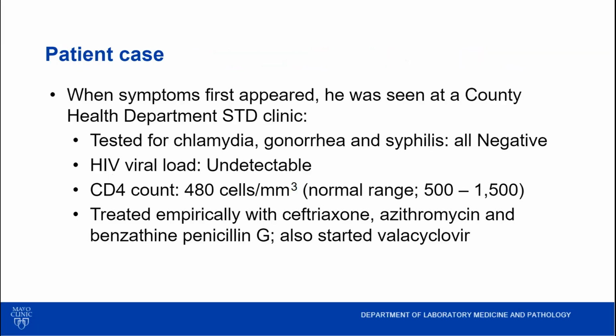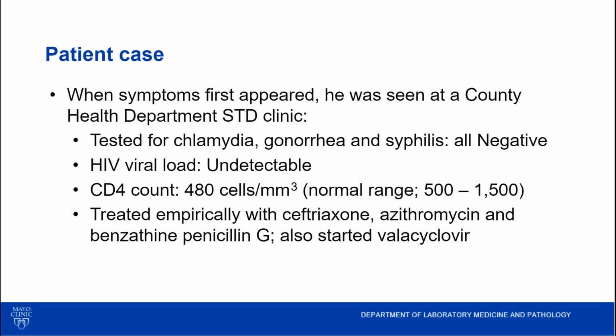So when the patient's symptoms first began to appear, he was evaluated at a county health department sexually transmitted disease clinic. And at the STD clinic, the patient was tested for chlamydia, gonorrhea, and syphilis, all typical STDs that might be causing these types of symptoms. And the testing for those infections came back as negative.